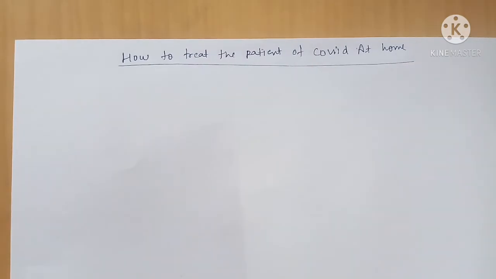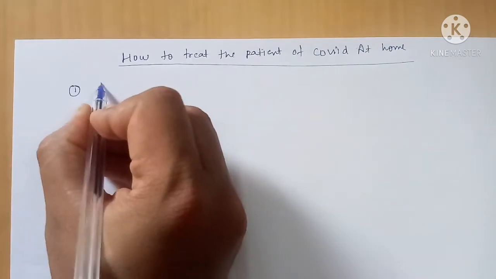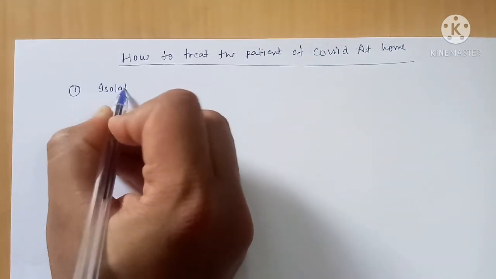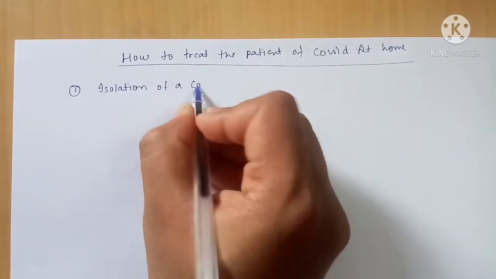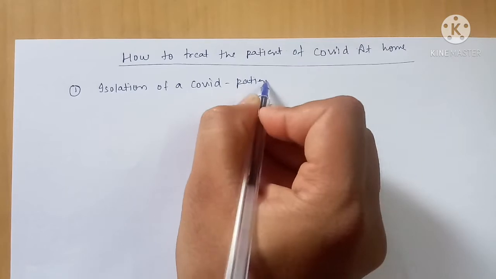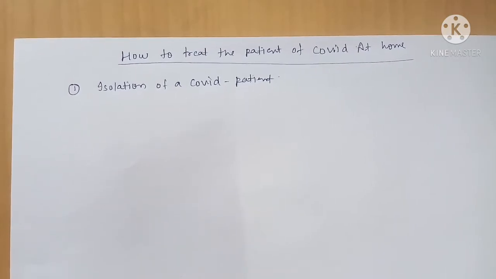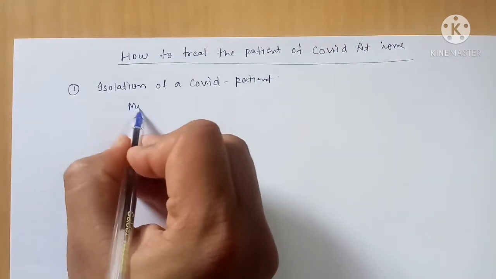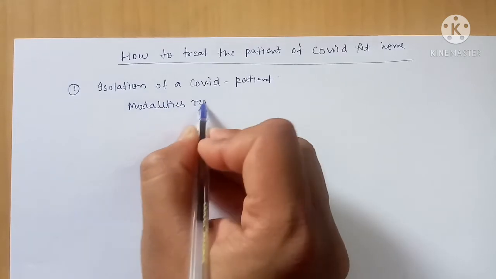At the very first, we have to isolate the patient. The first point is isolation of the patient. The second point is what all modalities are required for the isolated patient.